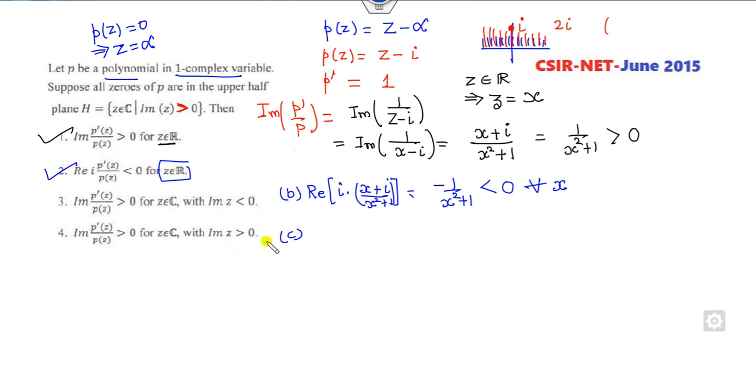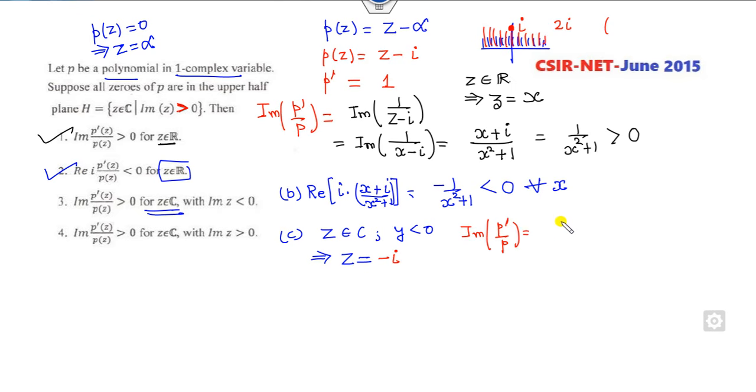Look at the C option. For all the z in C such that y is less than 0. So can you assume any number which is less than 0? I can simply choose z is minus iota. It satisfies this property. Then what is the imaginary part of p dash over p?